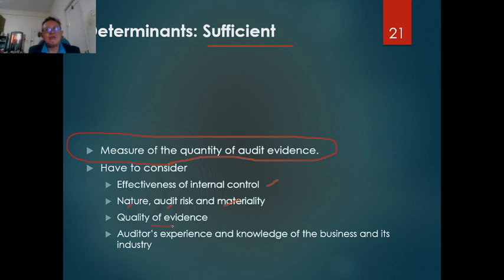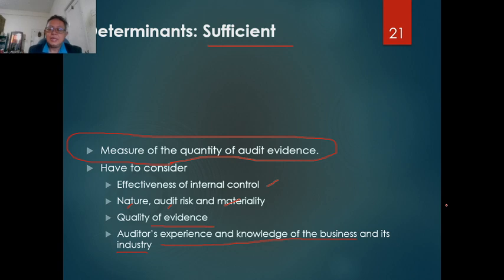And quality of evidence: if the evidence is gathered from low quality sources, you need more audit evidence. Also the auditor's experience and knowledge about the business industry: if the auditor has limited knowledge about the industry or the business, they may require more evidence to support.